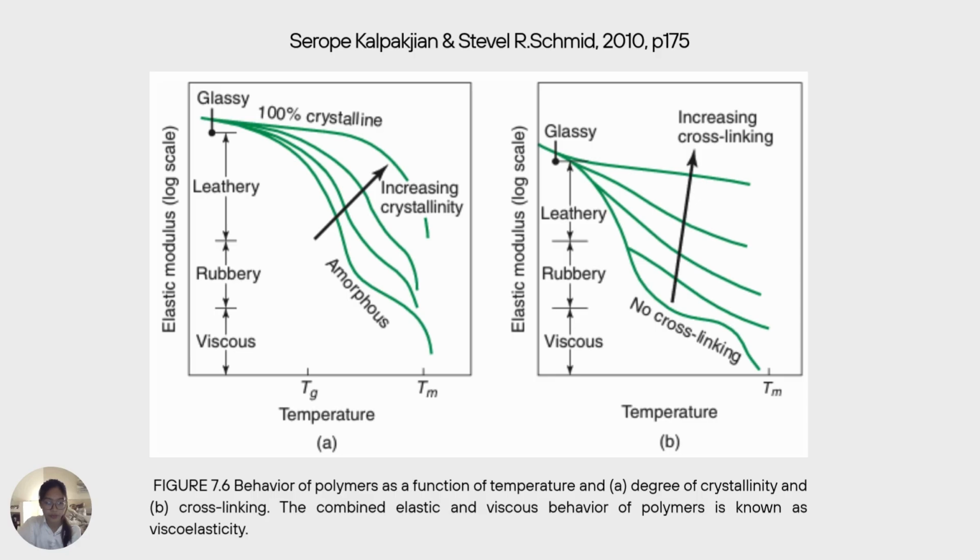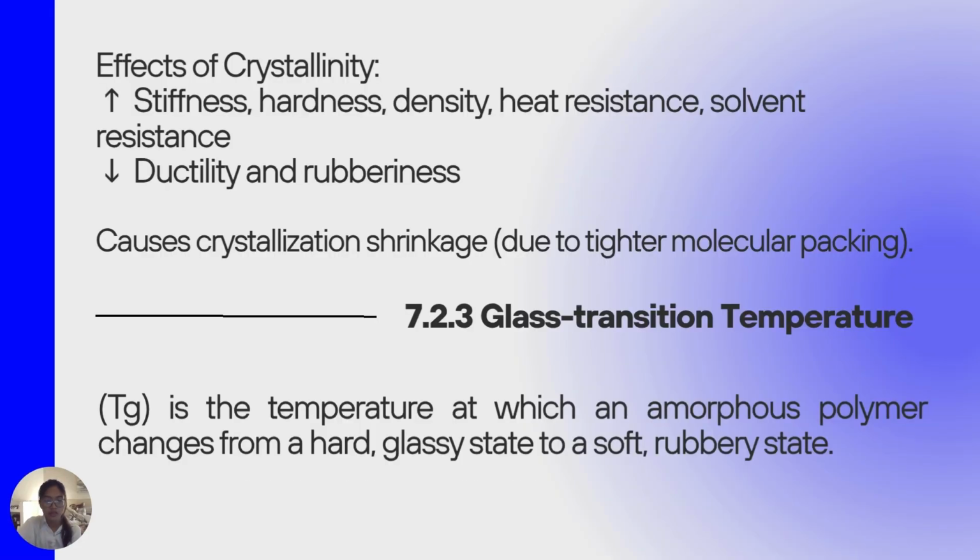And then for B, it's the degree of crystallinity and cross-linking, the combined elastic and viscous behavior of polymers. In short, controlling crystallinity is a key design factor. Engineers can balance strength and flexibility by adjusting processing conditions like cooling rate and molecular structure.